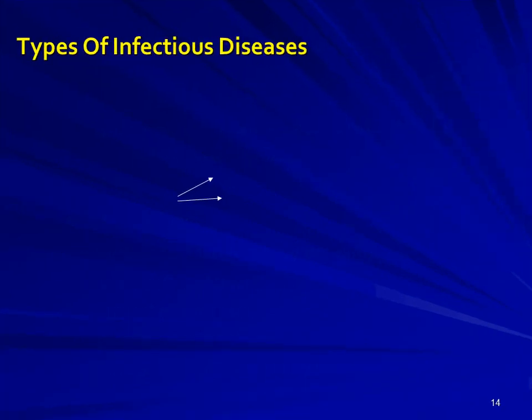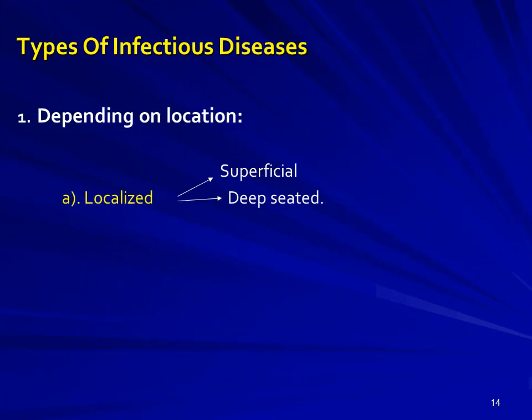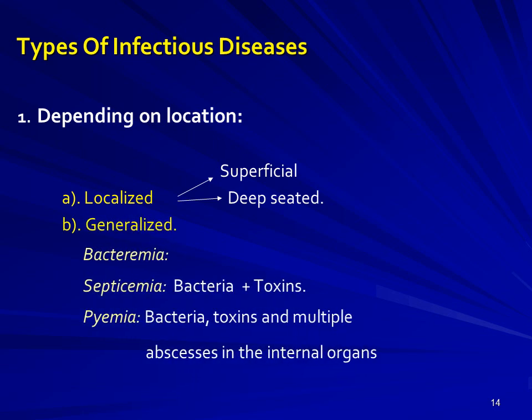And the types of infectious diseases, depending on the location, we can call them either localized infections, which may be superficial or deep seated. Generalized infections may be present in three forms. One is bacteremia, means if the bacteria are present in the blood, it's known as bacteremia.